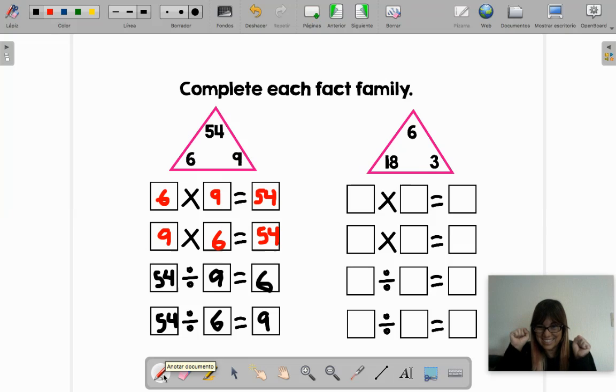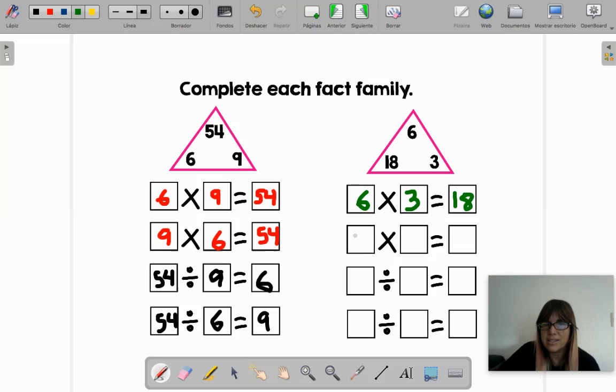Ready? I'm so excited. So I'm going to use green. My first multiplication was 6 times 3, 18. Yay!